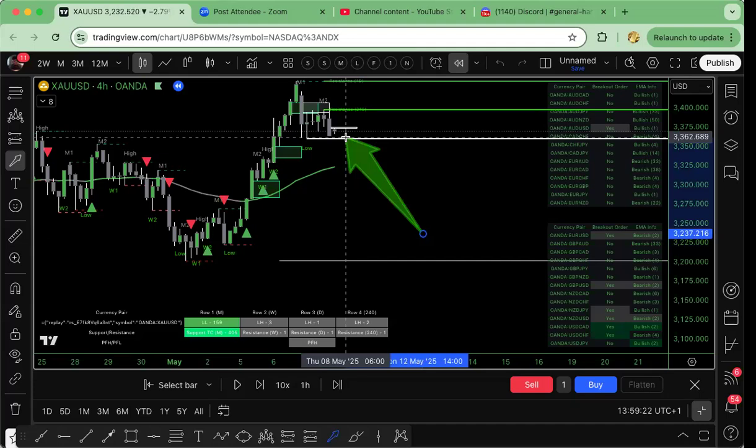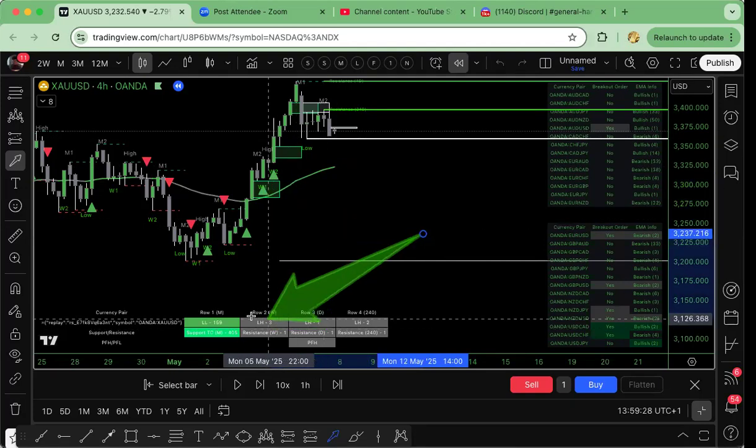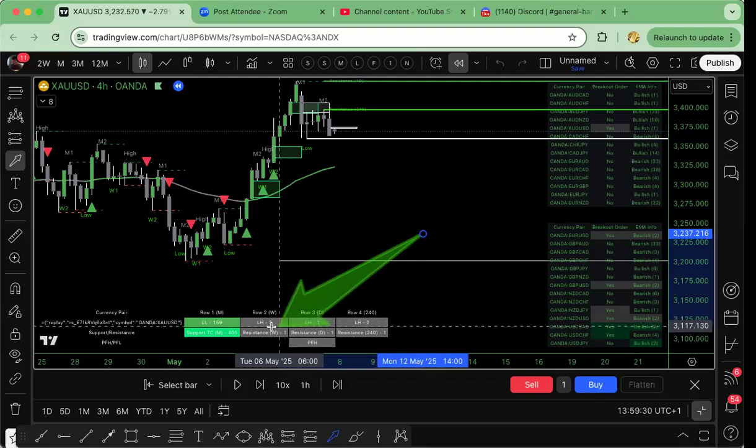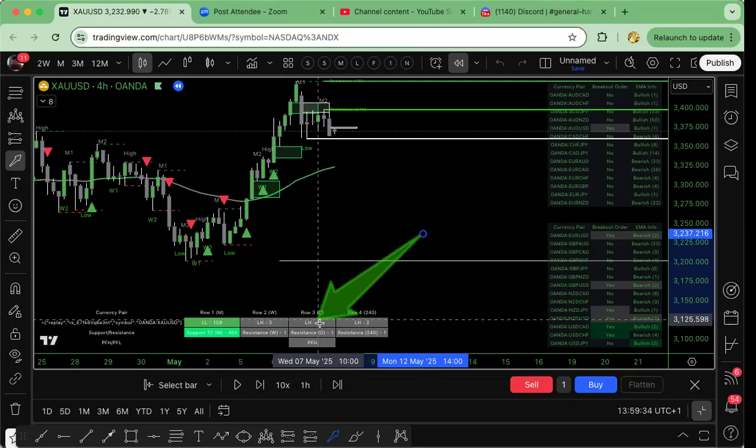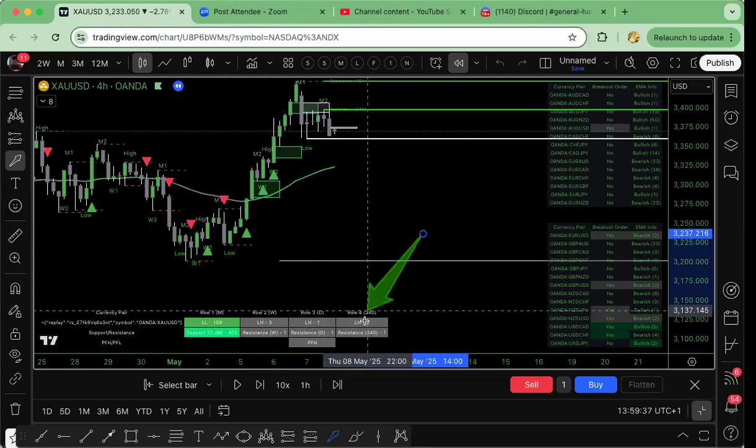So there's volatility even on the 4 hour chart. We have a lot of signs telling you price action can continue to sell, specifically because of this update on Neo, which is showing row 2 is bearish, row 3 is bearish, and row 4 is nice and bearish as well.